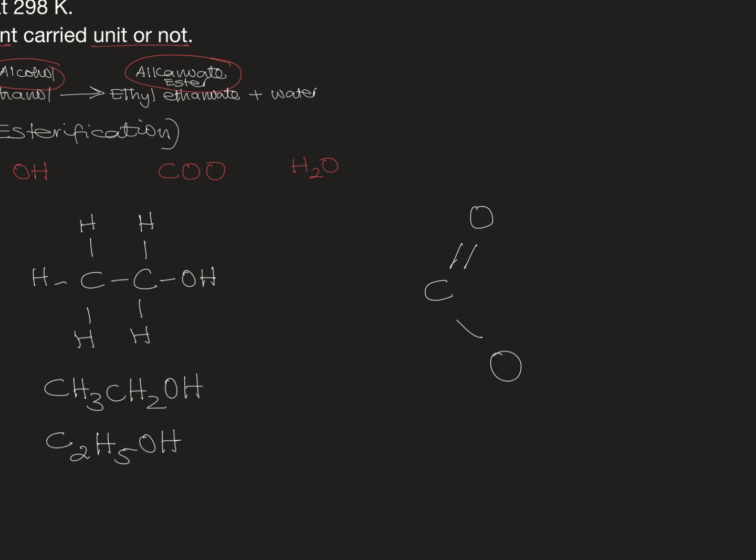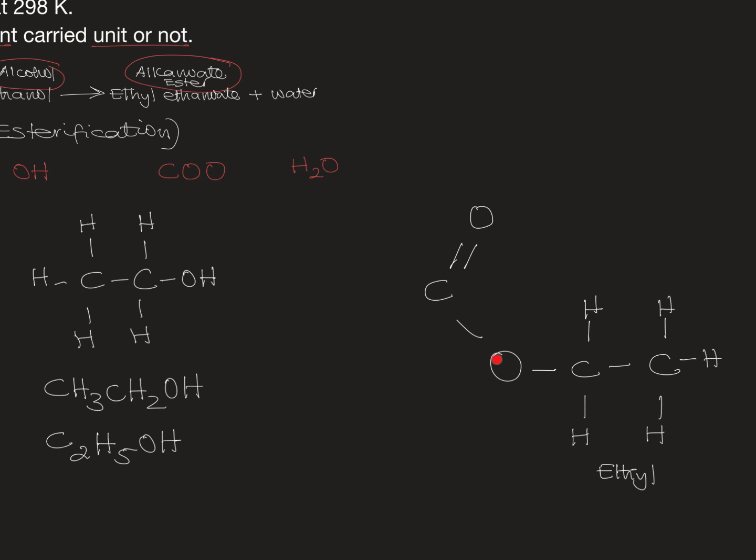So the ethyl group will have two carbons, right? 1, 2, and it will be surrounded by hydrogens. 1, 2, 3, 4, 5. So this portion is called the ethyl.